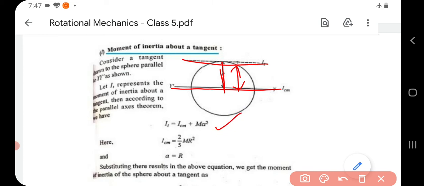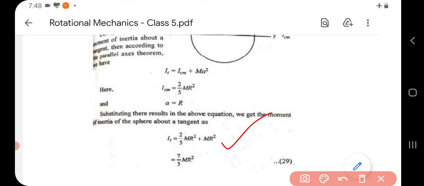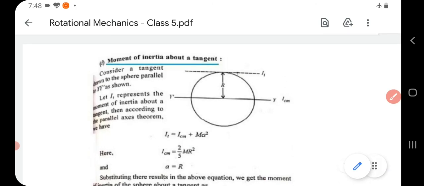Now just substitute the values. I substitute the value for ICM as 2 by 5 mr square, and MA square will become mr square because A is equal to r. On substituting these values, you will get IT as 2 by 5 mr square plus mr square, which is nothing but 7 by 5 mr square. This is the moment of inertia of the solid sphere about a tangent.